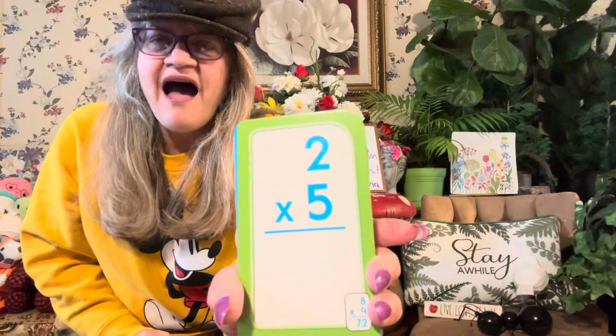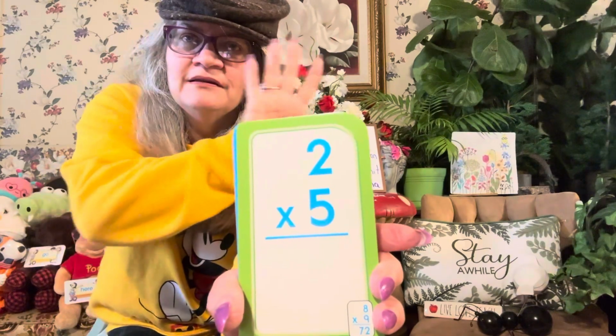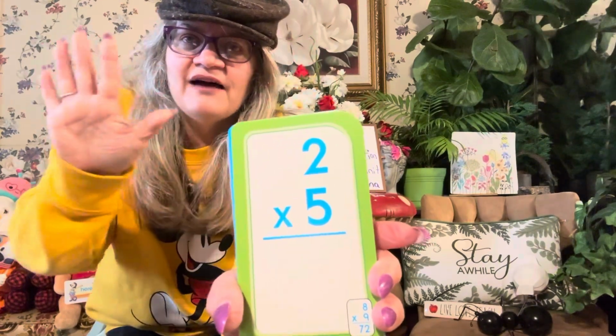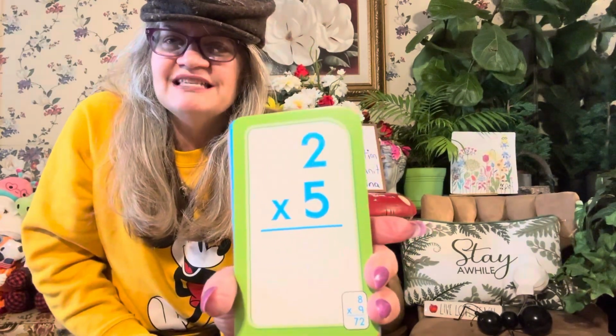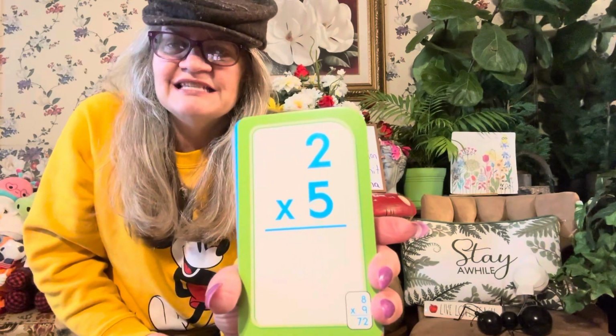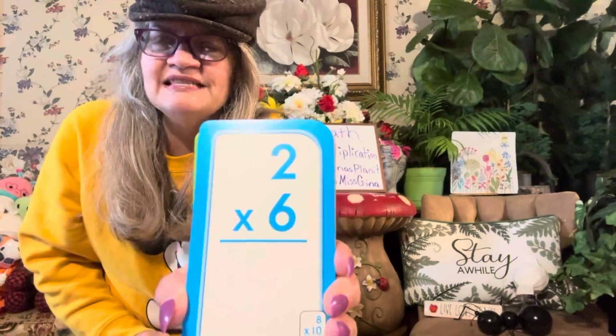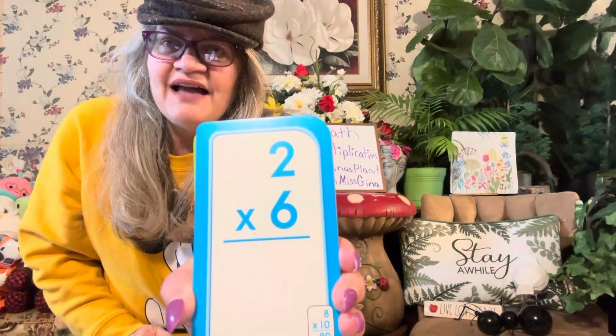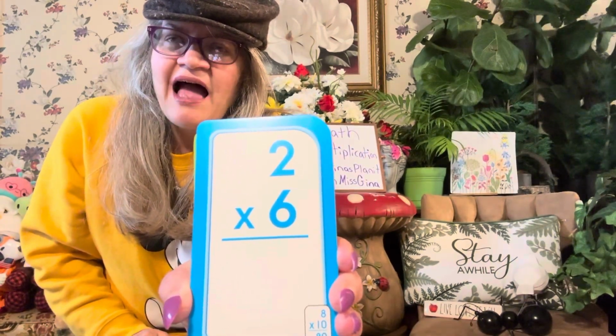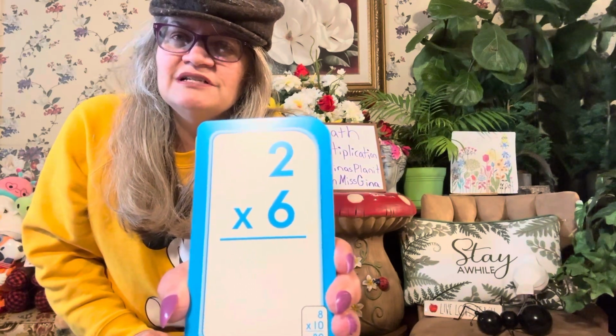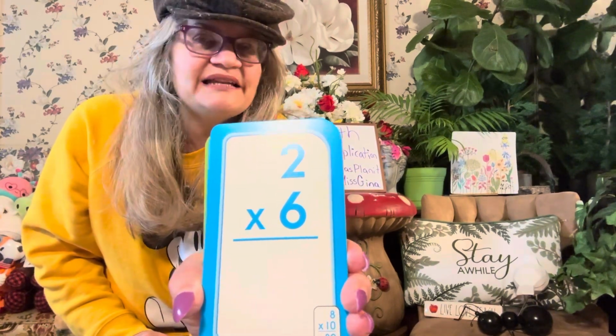What if I had 2 5s like I do on each hand? 5, 10. 2 5s is 10. 2 times 5 is 10. What about 2 times 6? If I have 2 6s, how much do I have? 2 times 6 is, yell it out.